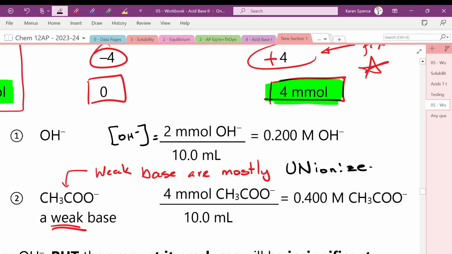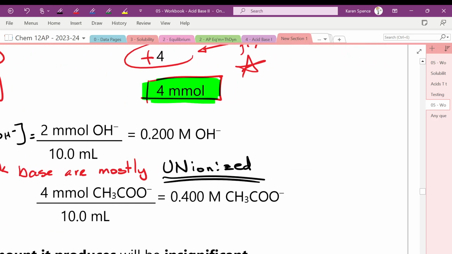I know unionized and unionized are the same word, and you have to go by context to know which it is. So if the weak base is mostly unionized, how much OH minus is it making? Your options are a lot, some, or a little.